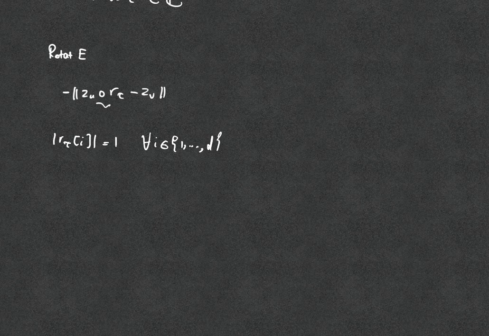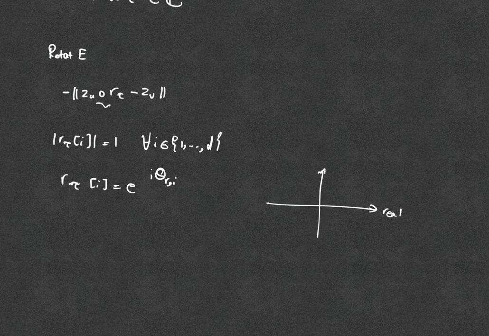Now this restriction means that the ith element of R tau can be defined like this. And this means basically a rotation in the complex plane. And that is where the name comes from. So again, if you have the real component and an imaginary component, given the fact that you want the norm to be 1, you are looking at different ratios on this circle.